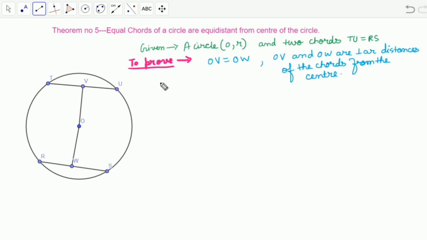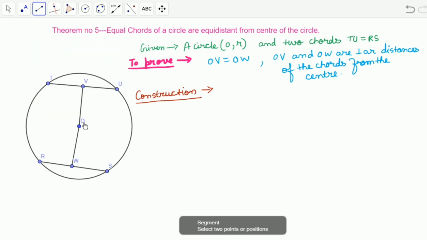Before that, let's do some construction work. What construction do we require? The construction that we have been doing all throughout during the proving of theorems is to join this point to this point, this point to this point.